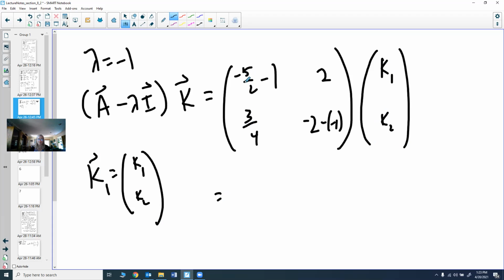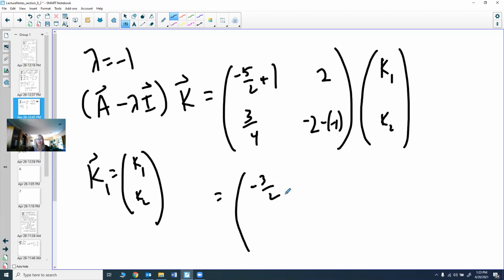All right, so negative 5 halves minus 1 is, let's see, negative 5 halves, minus a negative 1. Whoops. So it's minus a negative 1, so it's minus plus.